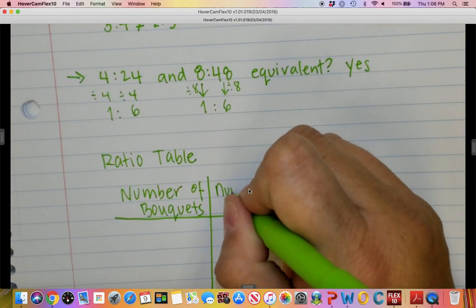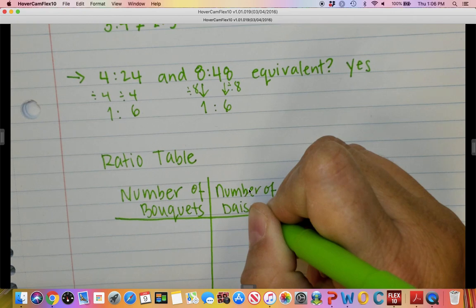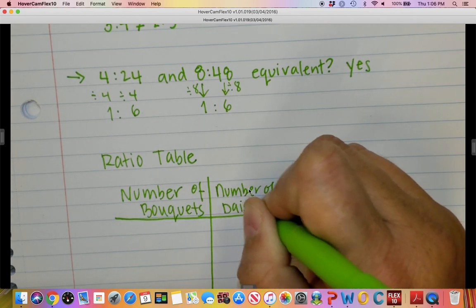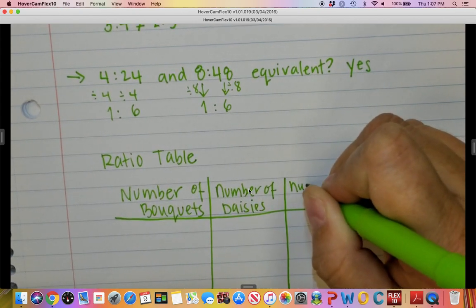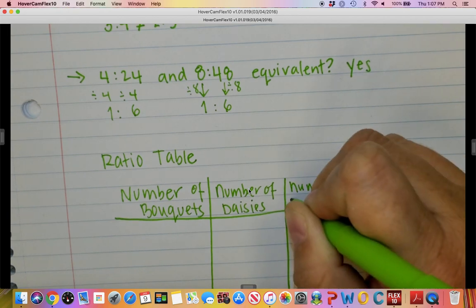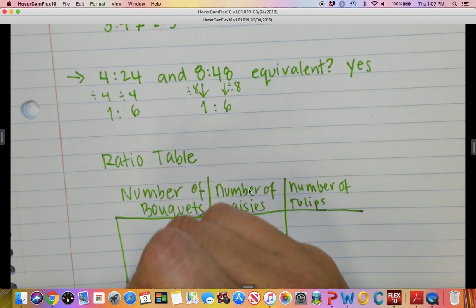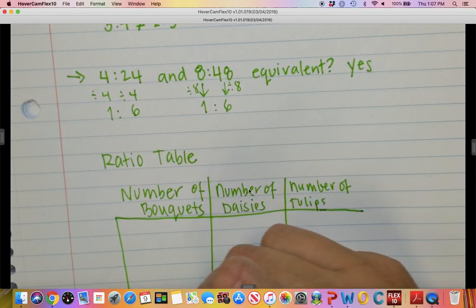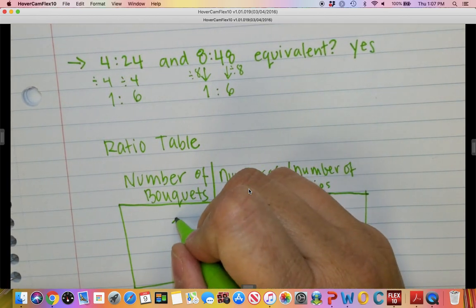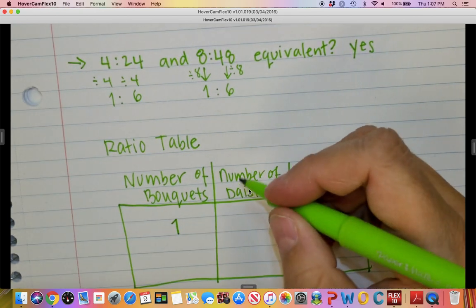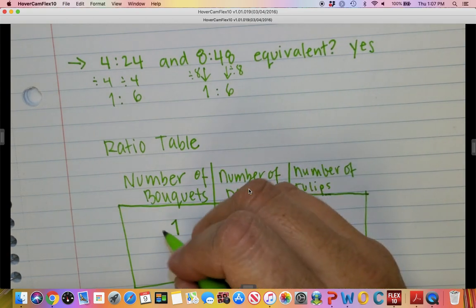And this is going to be the number of daisies in our bouquet. And this will be the number of tulips in our bouquet. And so you can see this is our ratio table. So for every one bouquet, I'm going to have to find the number of daisies and the number of tulips.